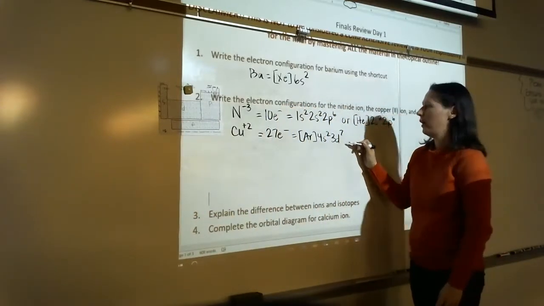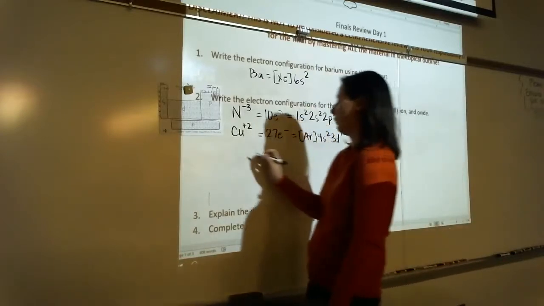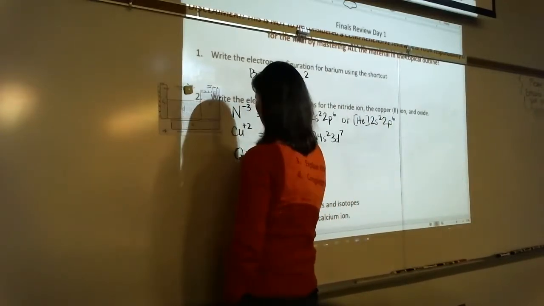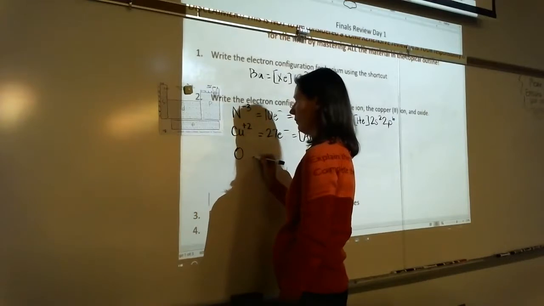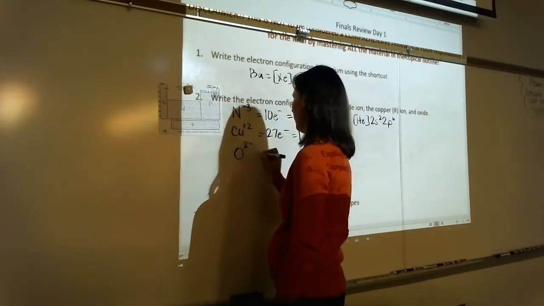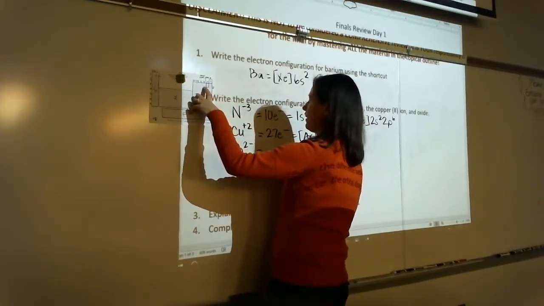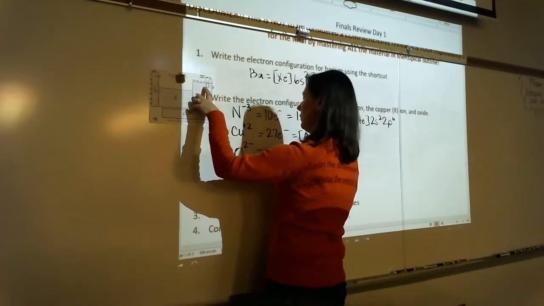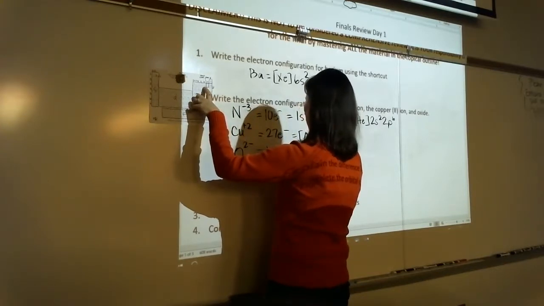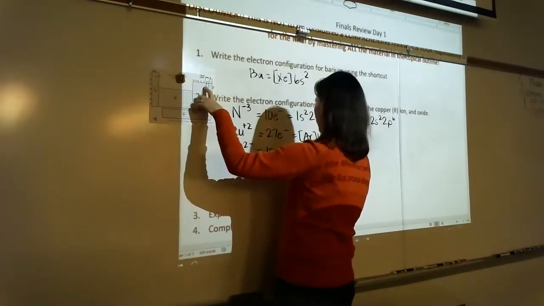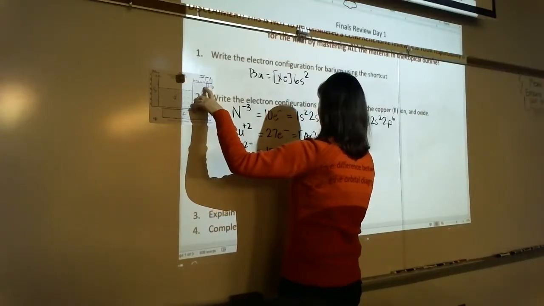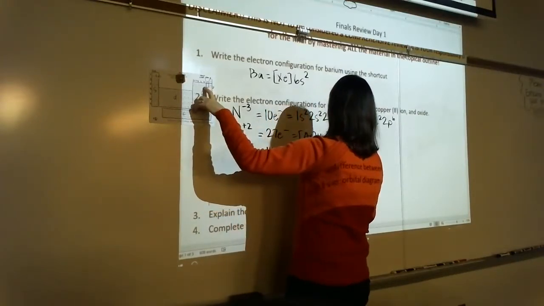Yes. And then for oxide, what's the formula for oxide? Not peroxide, just oxide. O with what charge? 2 minus. So how many electrons does that have? Oxygen has 8, so oxide has 10. So it's the same as nitride, right? 1s2, 2s2, 2p6.